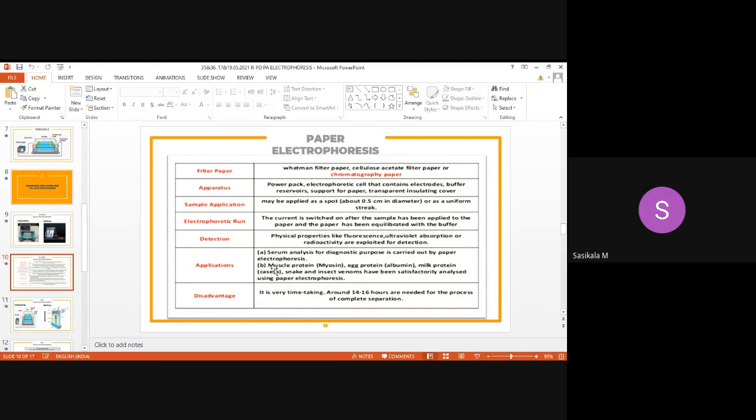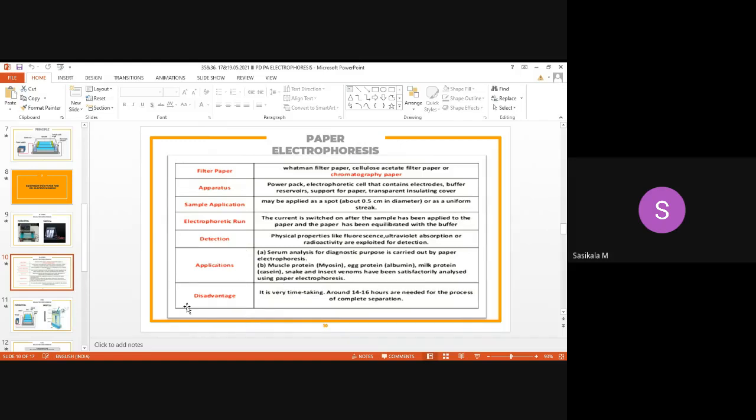It is also applicable for separation of muscle protein, that is myosin, egg protein albumin, milk protein casein, and snake and insect venoms, which have been satisfactorily analyzed using paper electrophoresis.